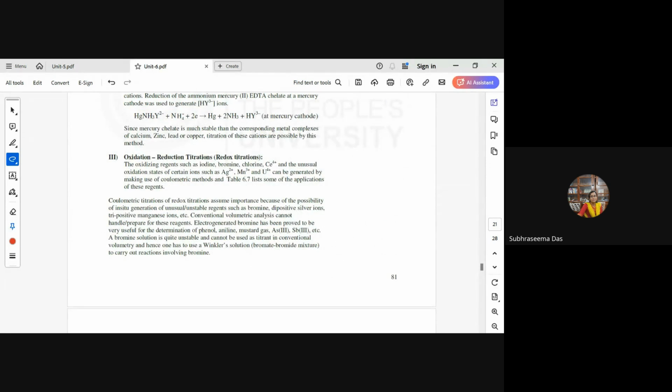Coulometric titrations of redox titration are of much importance because of in situ generation, which we have already read. Conventional volumetric analysis cannot handle such reagents. The in situ generation has been particularly useful for determination of bromine.